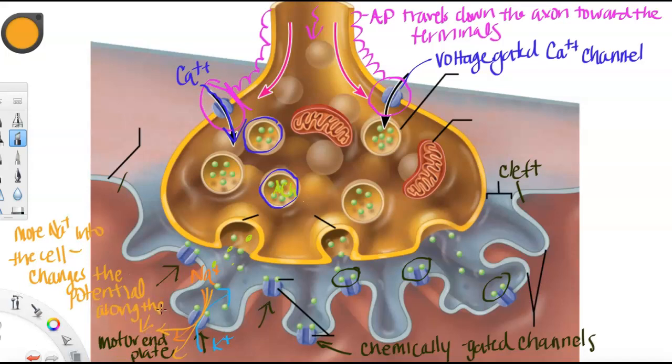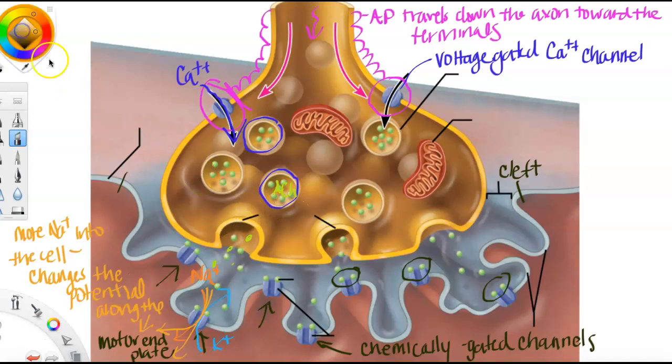It's making it more positive. Sodium's a positive ion. The inside is resting at negative, but now more sodium is coming in, more positives, so it's making that motor end plate more positive. So it's making it charged. Well, that charge will initiate the action potential along the rest of the membrane.